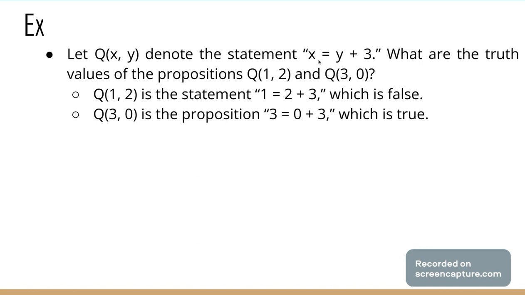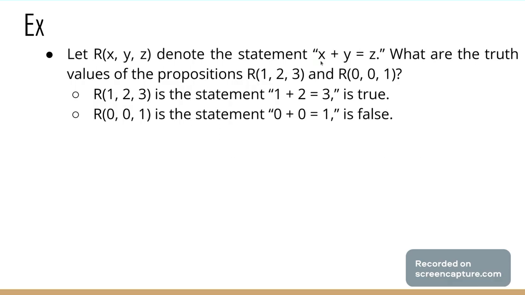Then we get 1 is equal to 2 plus 3. Is that true? 1 is not equal to 5, so it is false. Whereas if x is 3 and y is 0, then 3 is equal to 0 plus 3, that is equal to 3 itself. So this is true.